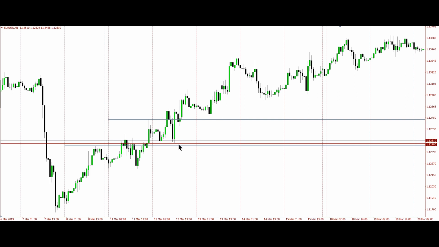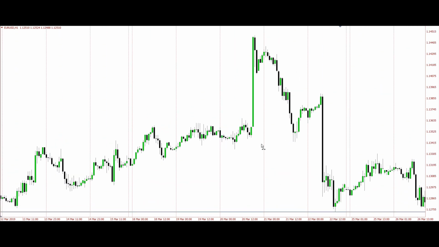That's this little gray area here. So between the maroon colored line and this gray colored line, that's all we're looking for, downside draw on liquidity.